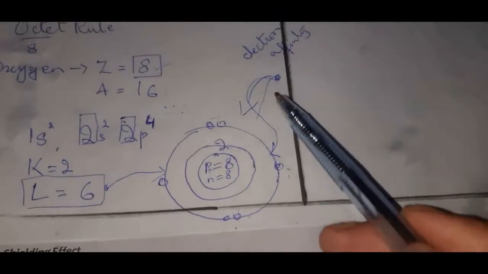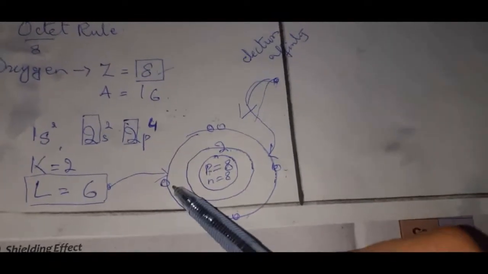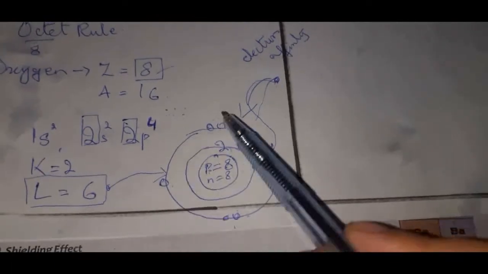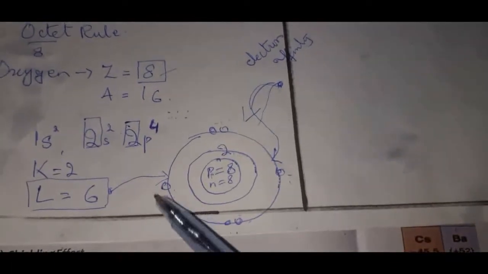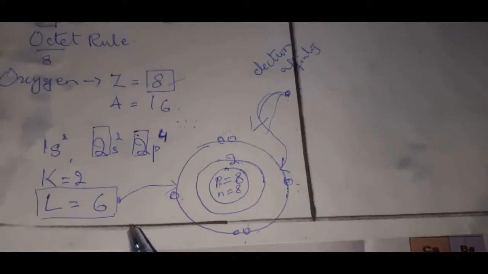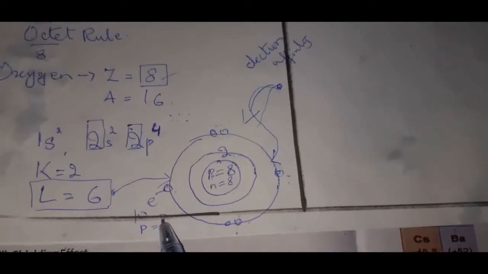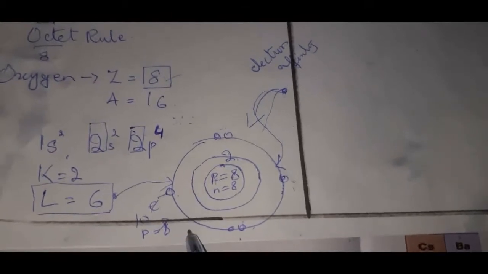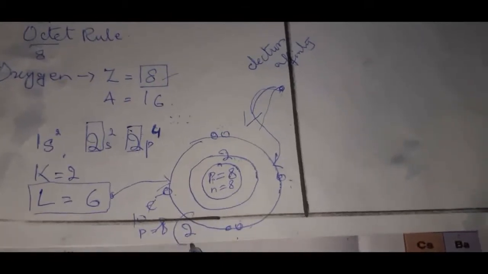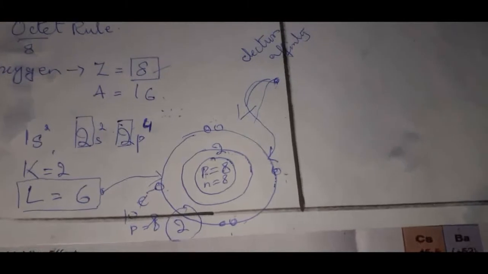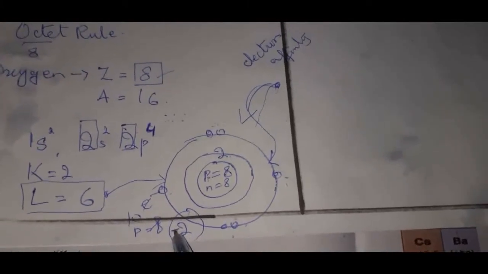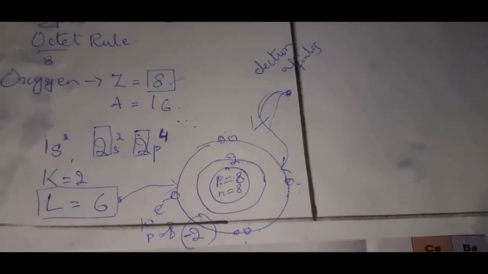But when it got those 2 new electrons, now how many electrons are here? 1, 2, 3, 4, 5, 6, 7, 8, 9, 10. There are 10 electrons, whereas protons are 8. So 8 and 8 cancel out, whereas it has 2 extra electrons. This means it will gain a charge of -2.